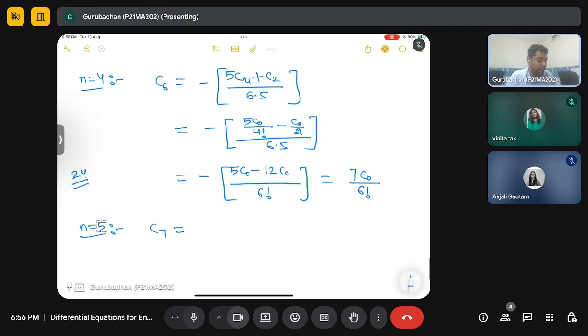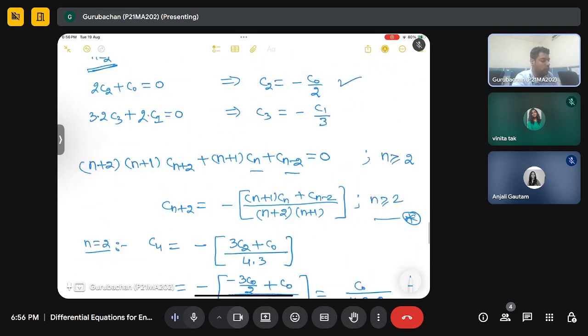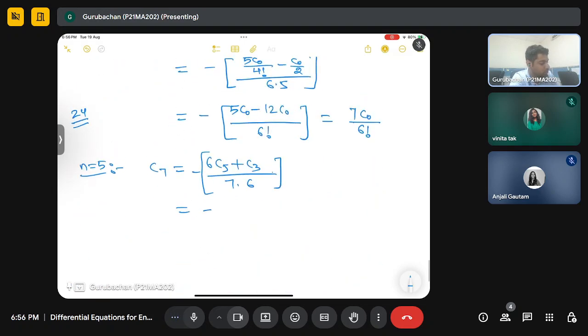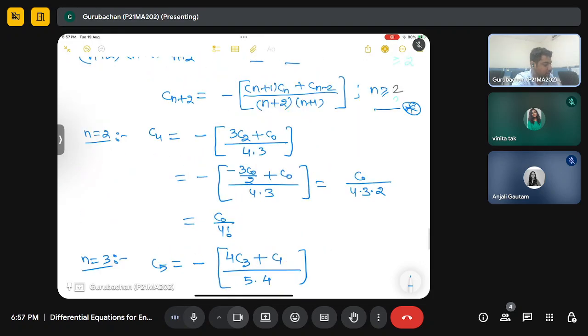Now we will do the last one, C7. So we are putting n equal to 5. If n equals 5, this will be 6 times C5 plus C3, divided by 7 into 6. And what was the value of C5? C5 was 2C1 divided by 5 factorial, plus what was the value of C3?